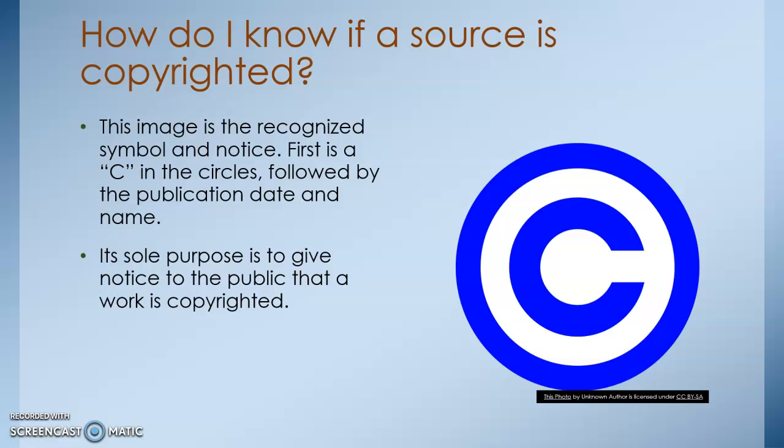How do I know if a source is copyrighted? This image on the screen is recognized as the symbol and notice for copyright. It is a C within a circle and is normally followed by the publication date and the name. Its sole purpose is to give you and the public notice that this piece of work is copyrighted.